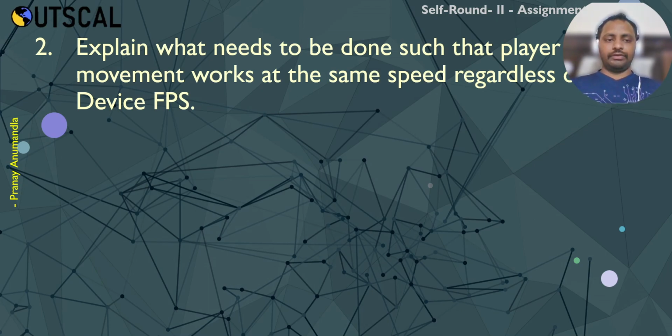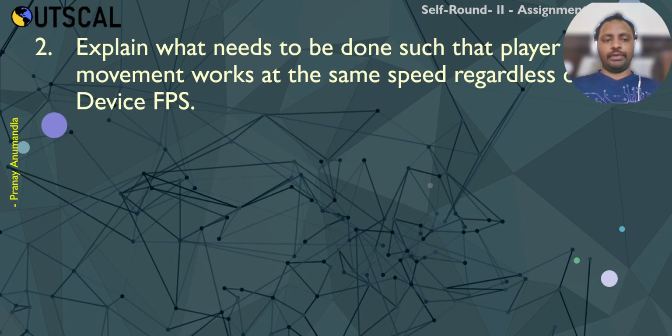It is usually calculated in Unity as Time.deltaTime. Time.deltaTime is nothing but the time elapsed between the current frame and the next frame, or the previous frame and the current frame. We will multiply speed with Time.deltaTime and make it independent of frame rate.